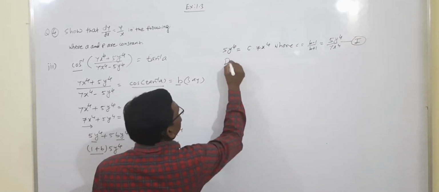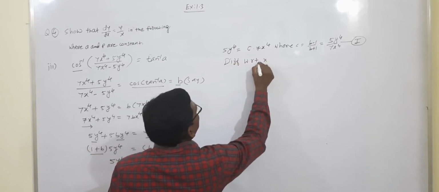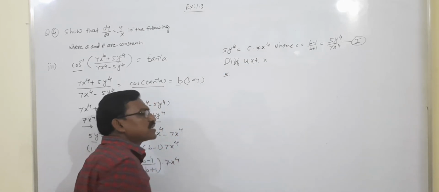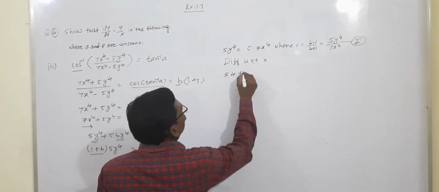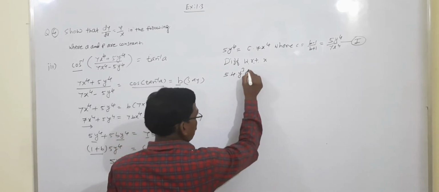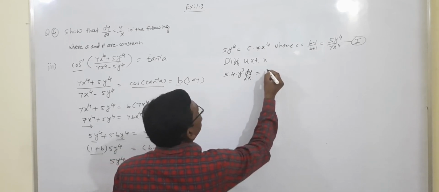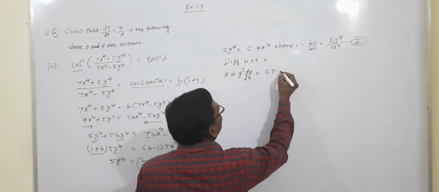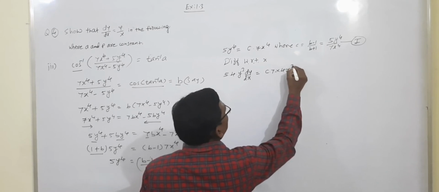Now we differentiate it with respect to x. We get, constant 5 as it is, derivative of y^4 is 4 into y^(4-1), it is y^3, and by chain rule, dy/dx. This is equal to constant c as it is into 7 as it is into derivative of x^4, which is 4x^3.